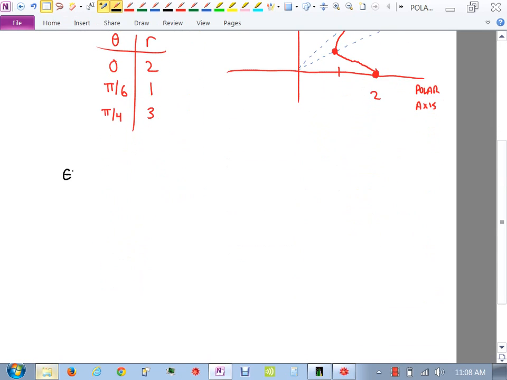Here's your first example of a polar curve. I'm going to define r to be 3. And what I'm saying is that's my function of theta. It's a constant, isn't it? What you'll notice there is that 3 does not have theta in it, does it?